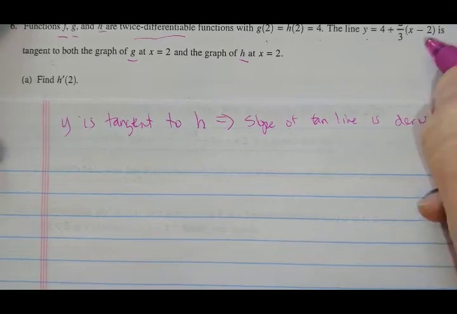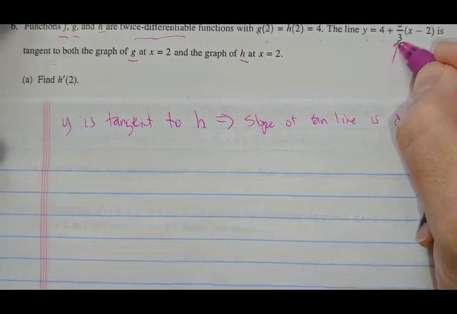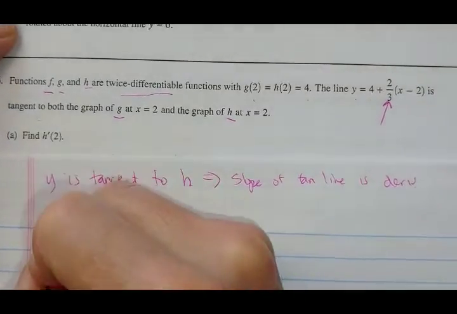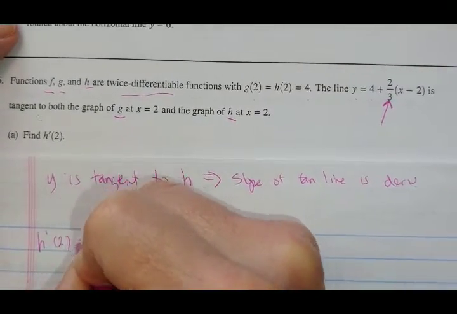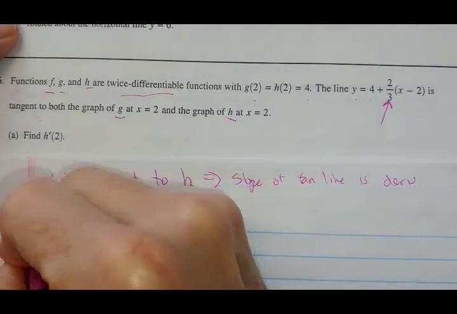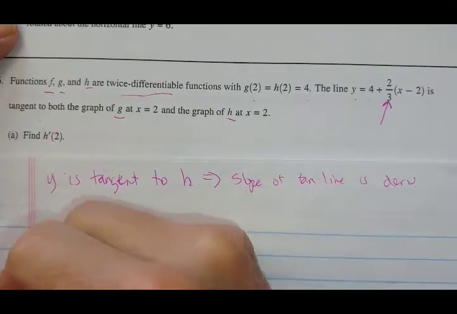So if we look at our line, the slope of that line is 2/3. Therefore, h prime of 2 is 2/3. That's easy.